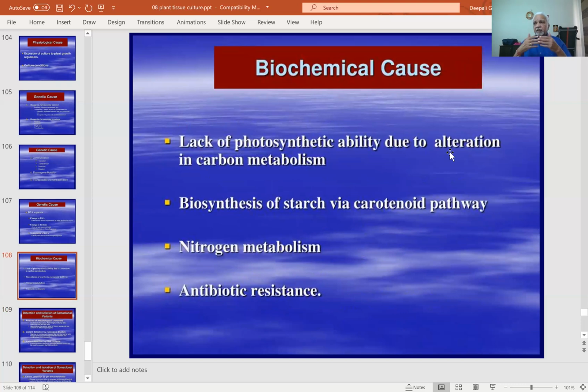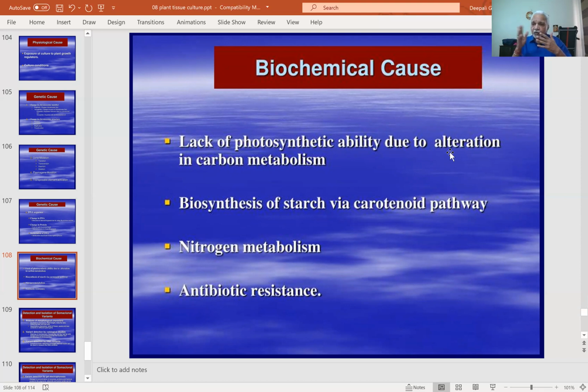And then when it comes to biochemical causes, one is genetic, I told you; physiological we have discussed; now the biochemical causes. The cell can undergo a change in its ability to photosynthesize due to a change in carbon metabolism, or some alterations taking place.